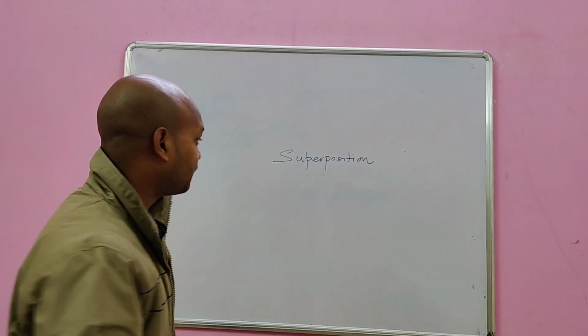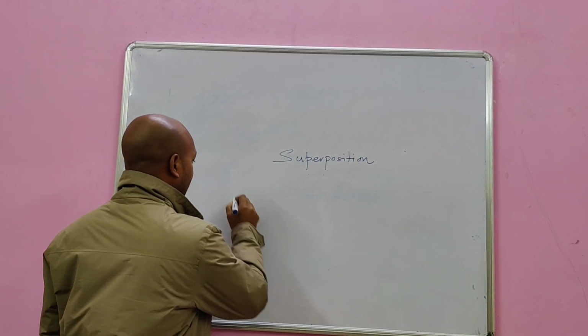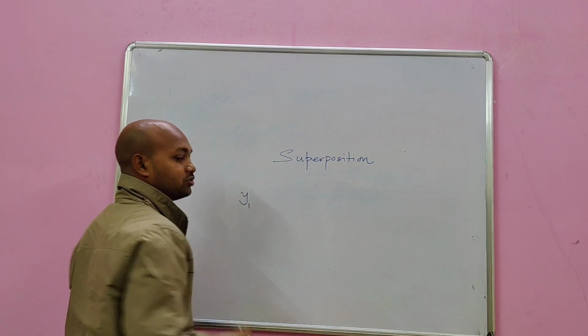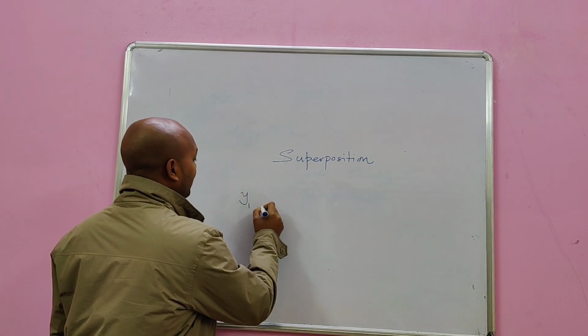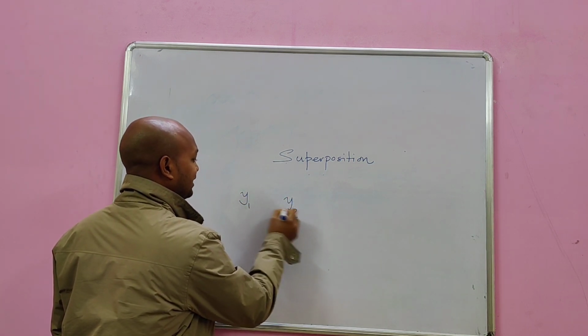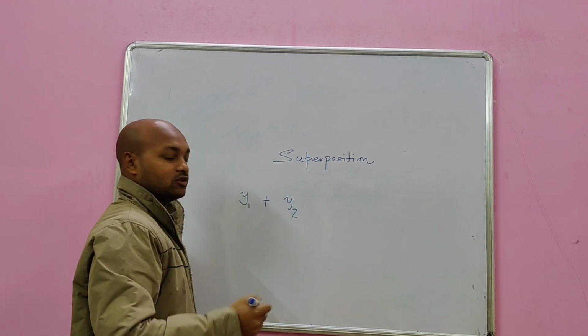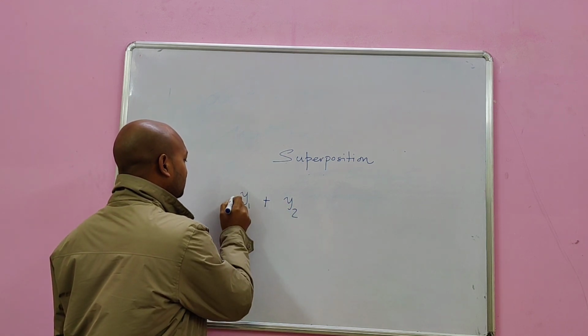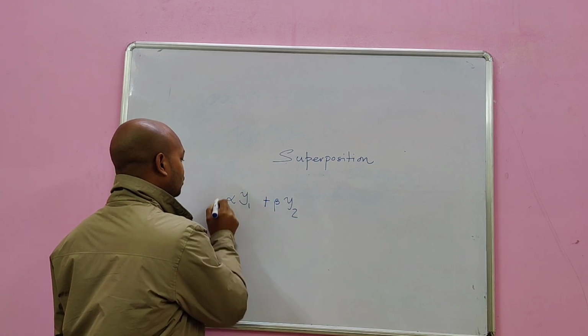Classically we say if there is a differential equation and if y1 is a solution, y2 is also a solution, then their sum is also a solution. So this is also a kind of superposition.